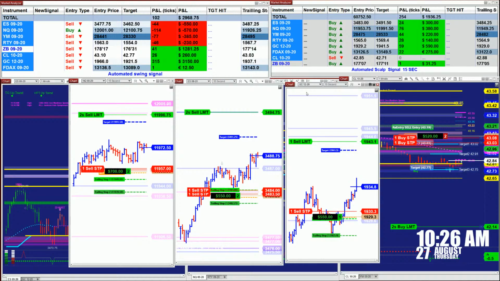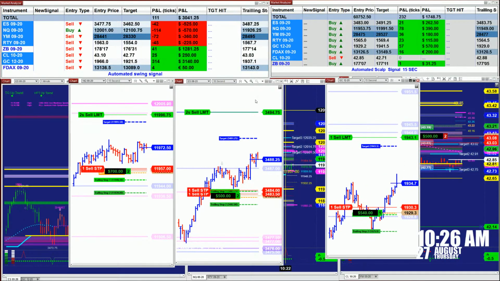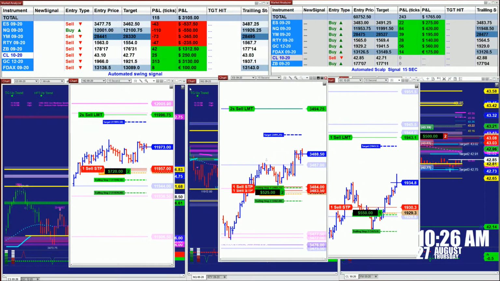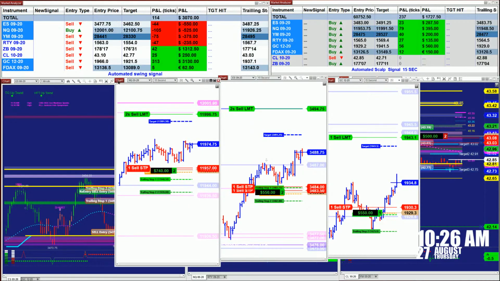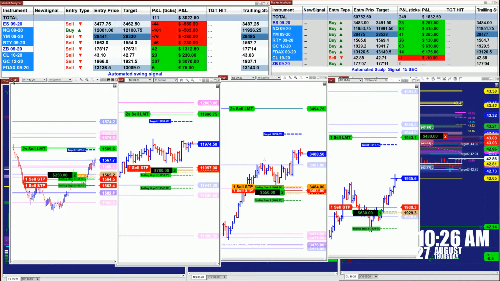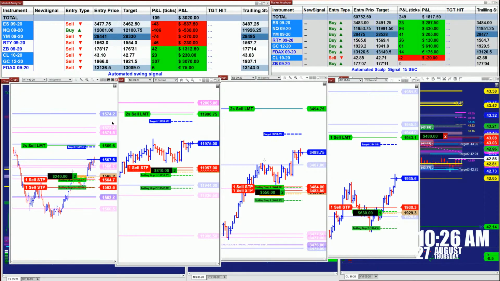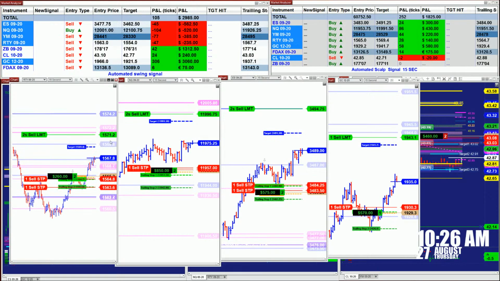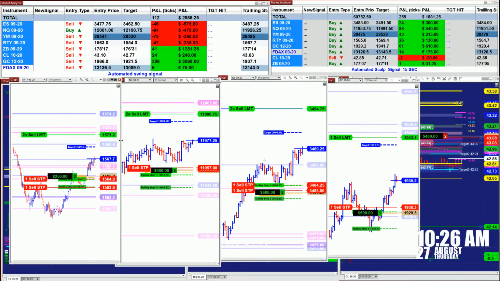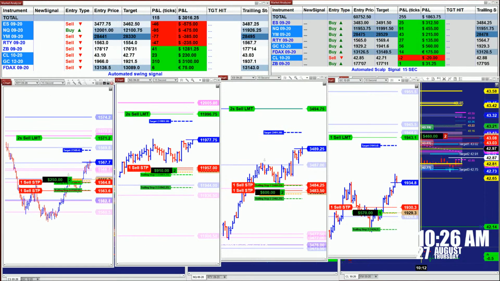On the Russell, we're just about to cross double resistance for the Russell traders. The system estimated 1569. We can take it under the double resistance and call it off. There we go.